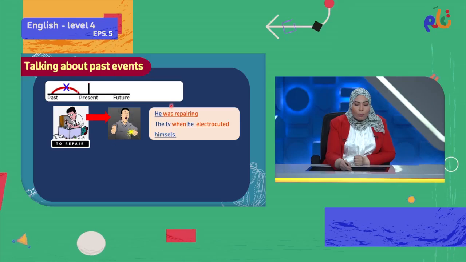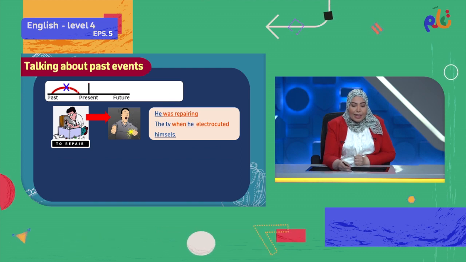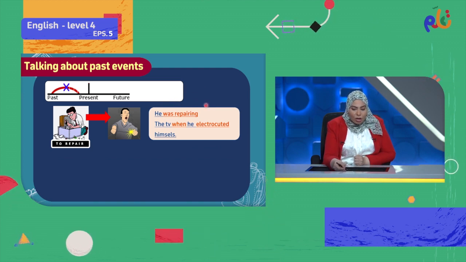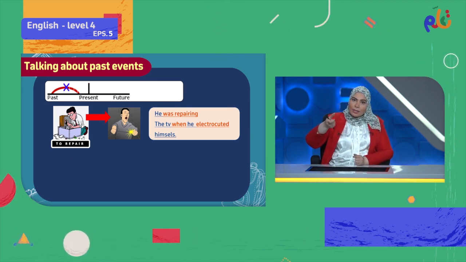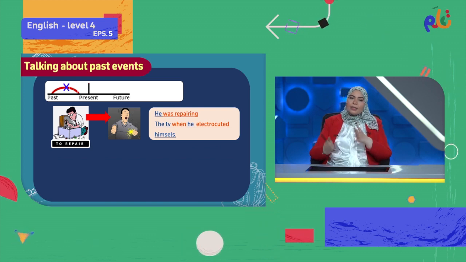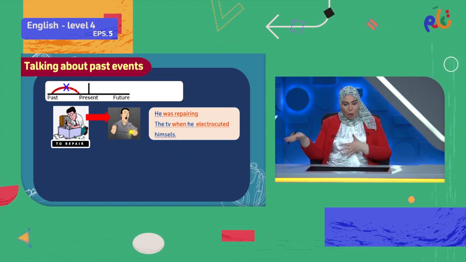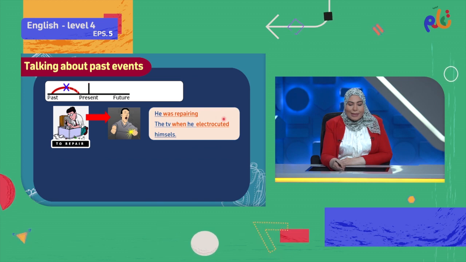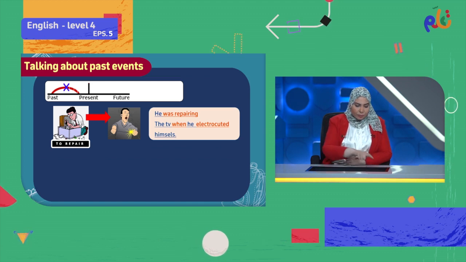In this case, we're talking about an action that takes a long time, and this action, the one that takes the long time, we put in past continuous, which means subject, verb to be, and then the main verb with extra ing. So here we're talking about verb to be in the past, either was or were. He or she or it was, they, we, you, or any plural were. And then we have the second action that interrupted it in simple past normally.